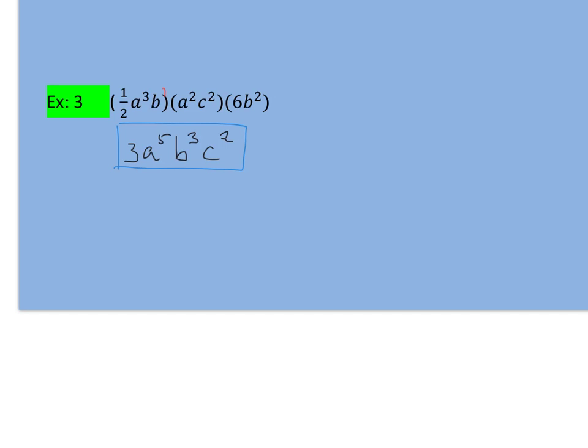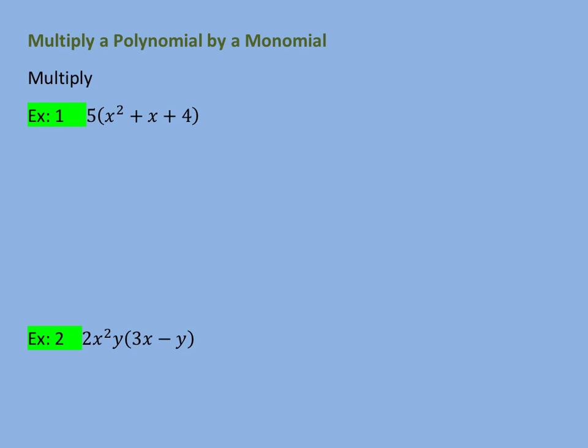Now let's look at a monomial times a binomial. So here we have an example of a very simple monomial times a trinomial. You're going to use what's called the distributive property, and we're going to multiply 5 to everything inside those parentheses. So again, coefficient to coefficient, like base to like base.